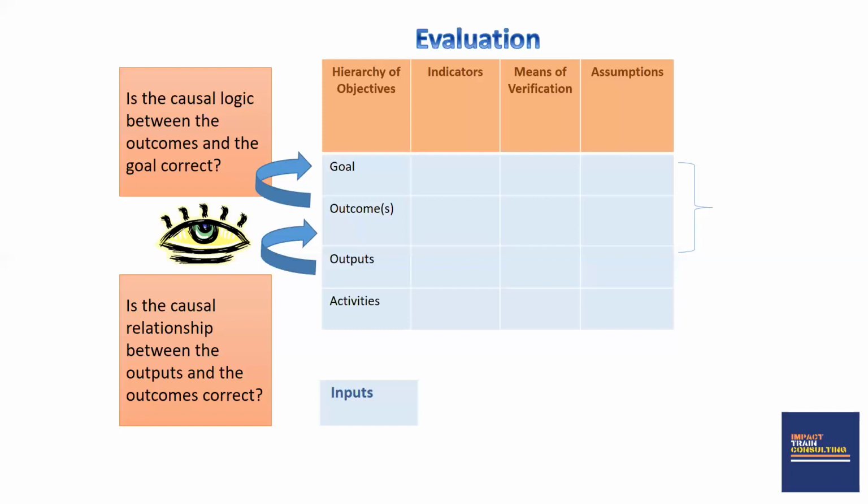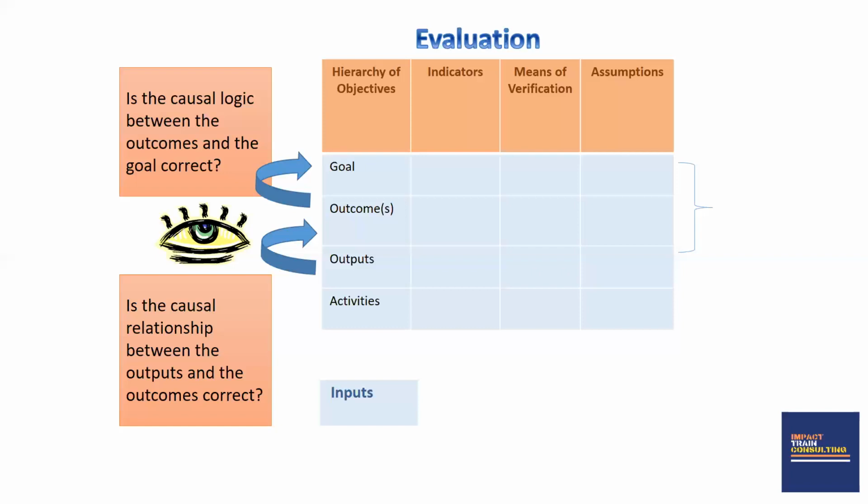The evaluators during evaluation are going to demand the original project document because they want to see the logical framework. And in the logical framework, they are looking at how the outputs that you described from the beginning are bringing about the change in the outcomes, and how those outcomes are going to contribute to the goal.